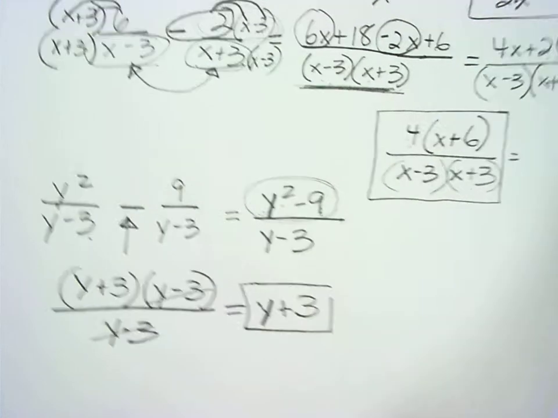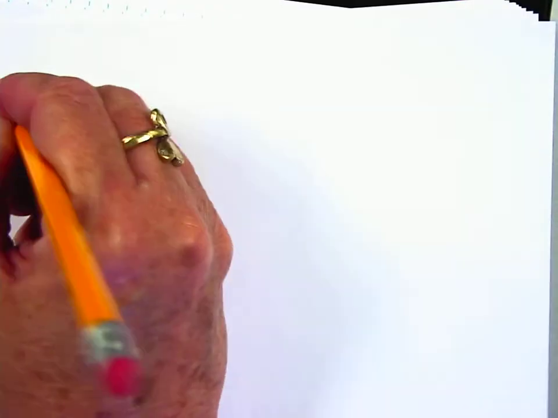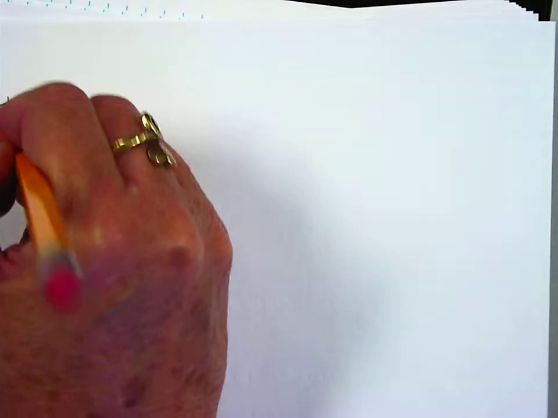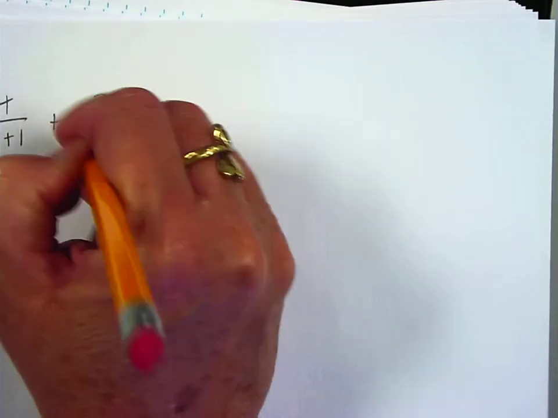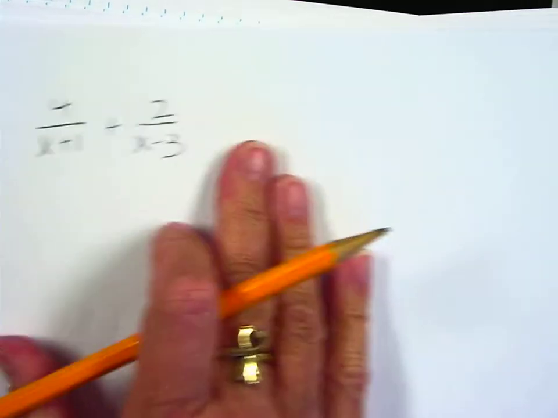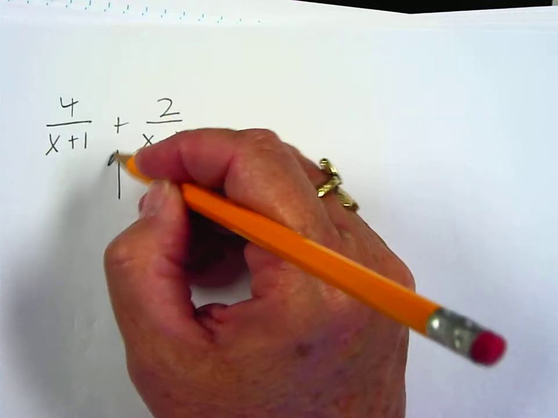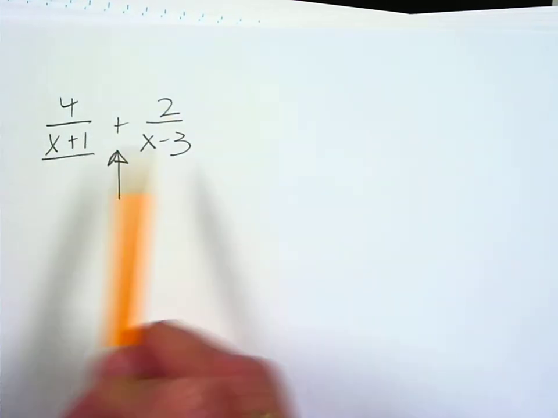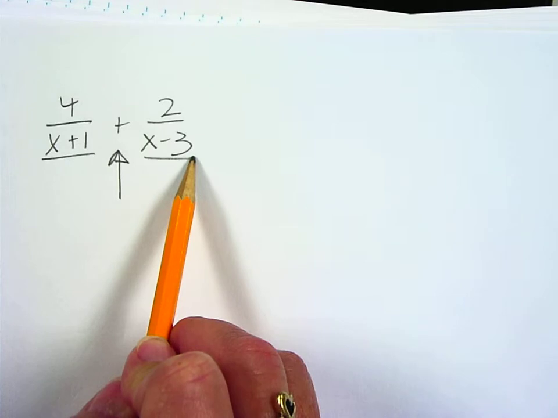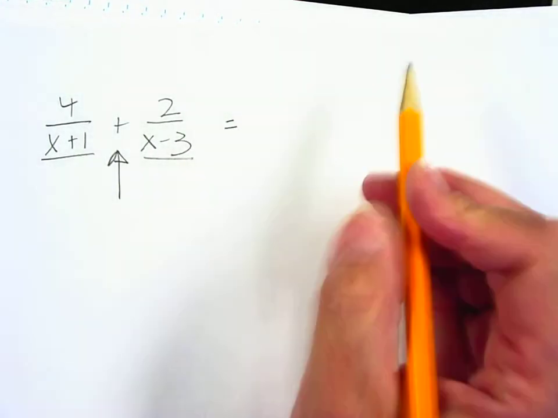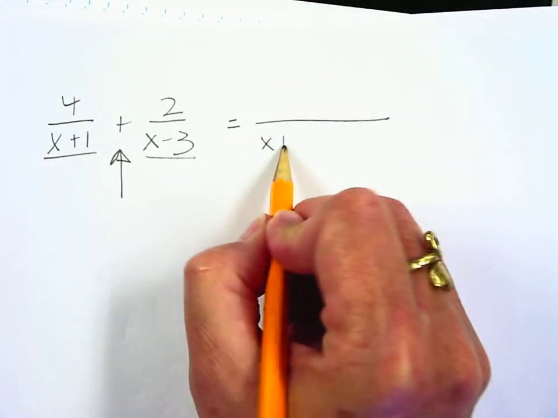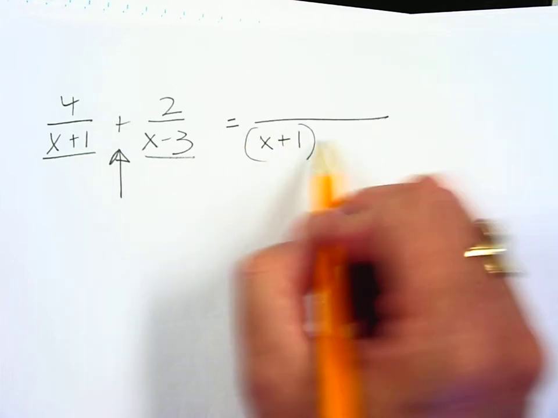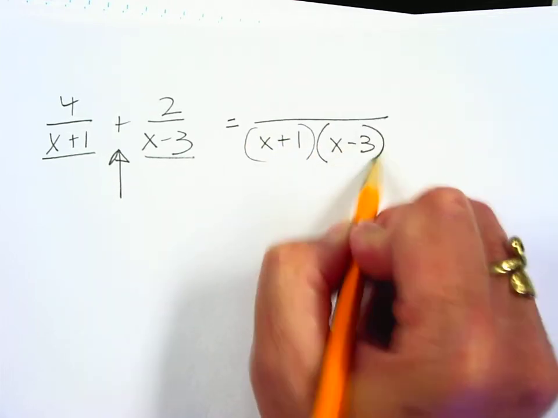And number 6 says find the sum. 4 over x plus 1 plus 2 over x minus 3. We're adding. We need a common denominator. These have no factors in common, so I'm going to multiply them together, and I'm going to get x plus 1 and x minus 3.